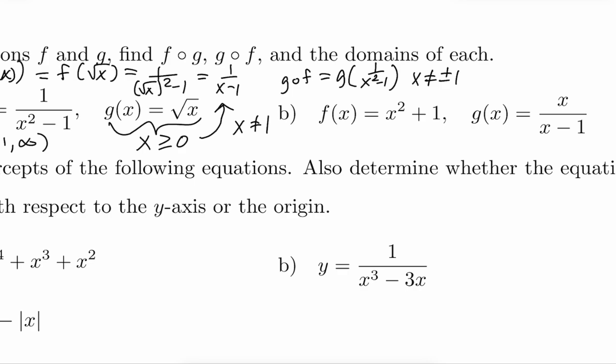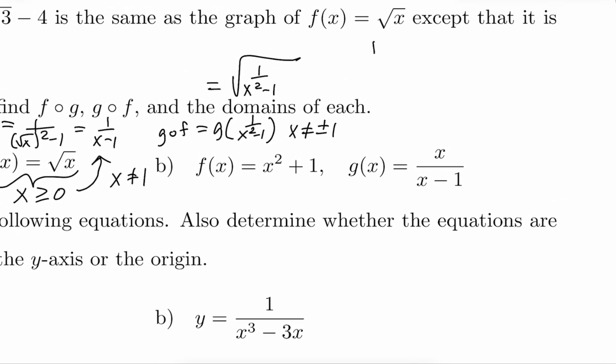Now, when we plug it in, we get that this answer is the square root of that fraction. So then we also have to think, what makes the square root work and not work? Well, the inside has to be greater than or equal to 0.